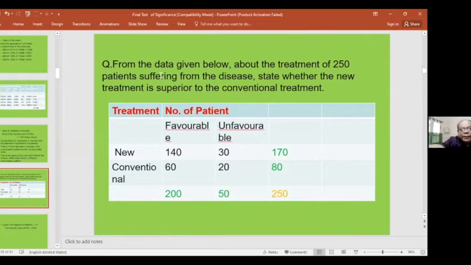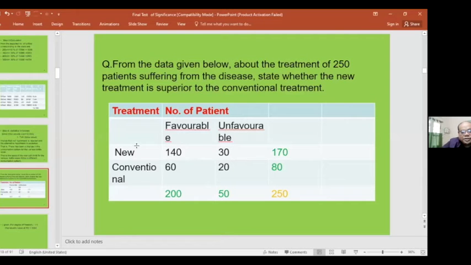From the data given below about the treatment of 250 patients suffering from the disease, state whether the new treatment is superior to the conventional treatment. Of 170 patients, the new treatment gave favorable 140, unfavorable 30. For the conventional one, which we have been using, of the 80, 60 favorable, 20 unfavorable.